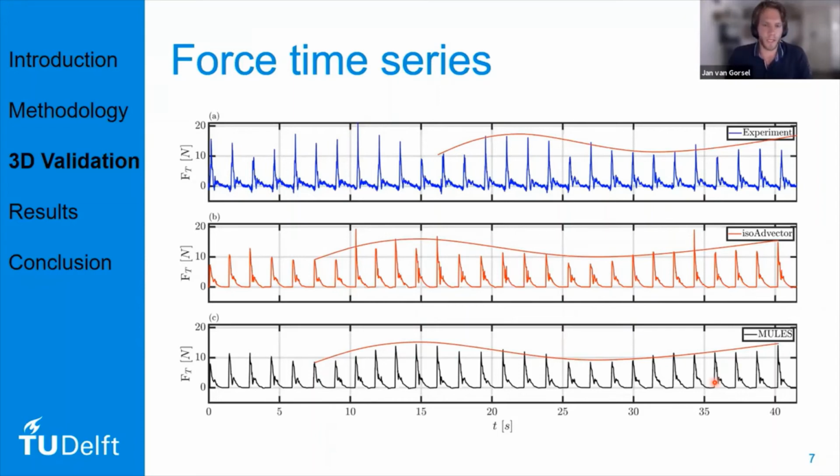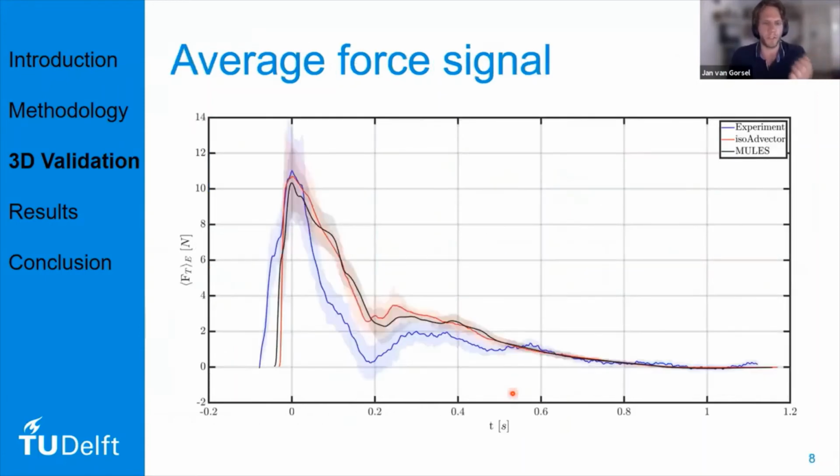Furthermore, as we have regular waves, we can take the individual force signals from the time series and average them out, which results in an ensemble average of the force signal.